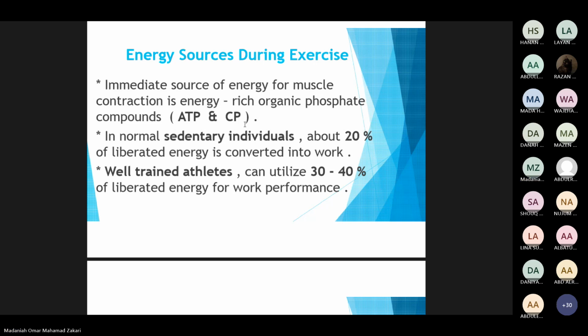Any organ rich in organic phosphate like ATP and creatine phosphate is considered an immediate source of energy for muscle contraction. In normal sedentary, meaning inactive, individuals, about 20% of liberated energy is converted into work, while in well-trained athletes, around 30 to 40% of their liberated energy is used for producing work.